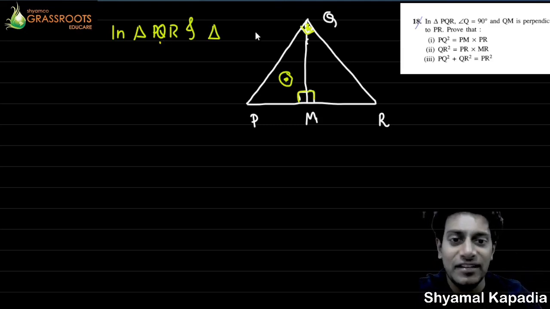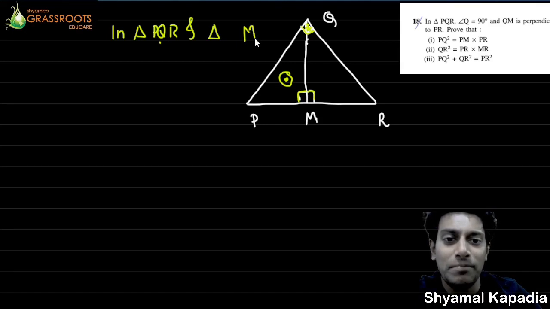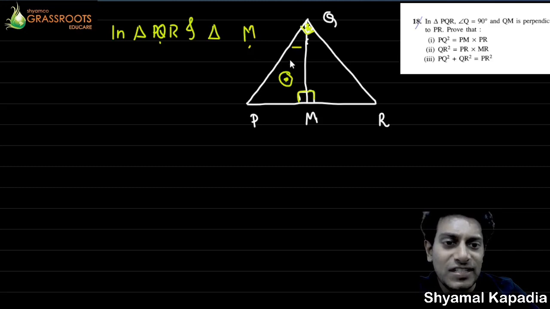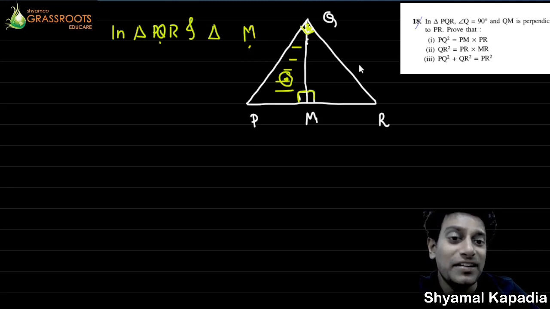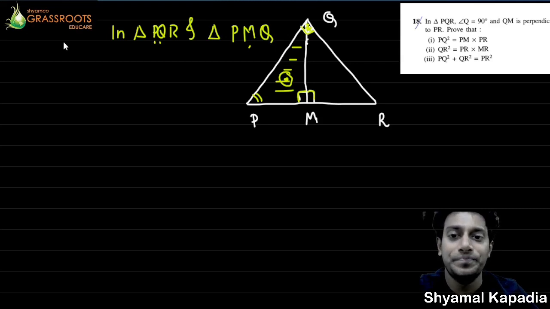M is 90. So where Q is, M should come in the middle. Once more, in this small triangle and the big triangle, can I say P is a common angle shared by both of them? The complete angle P comes in PQR also and PQM also. So P is a common angle. If P is written first, then here also P should come. So it should be PMQ.